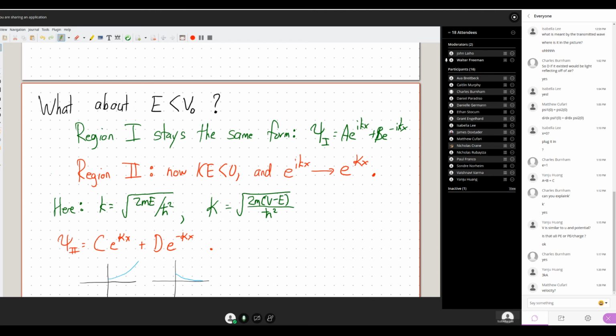Before, we argued that we only had a transmitted wave going to the right, we didn't have a transmitted wave going to the left. Now we can do the same kind of thing and cross off one of these two terms. Which one do we get to cross off?